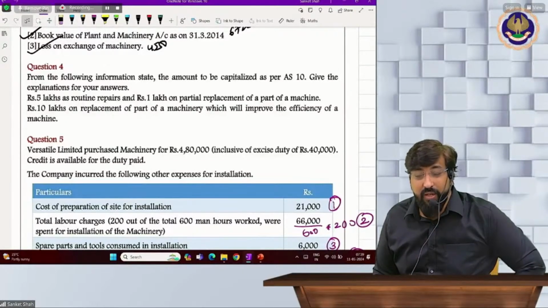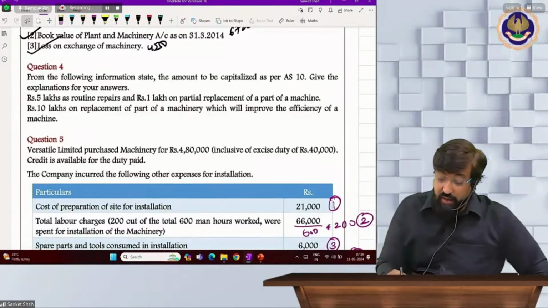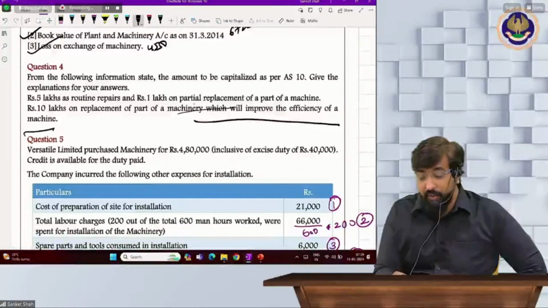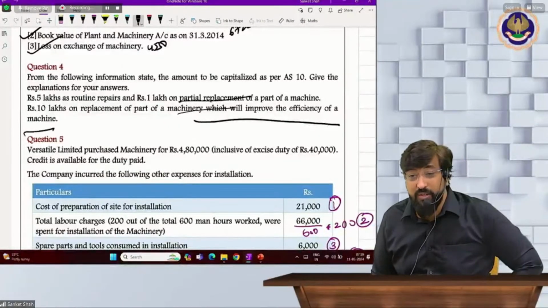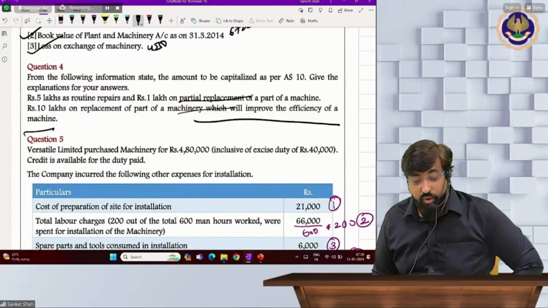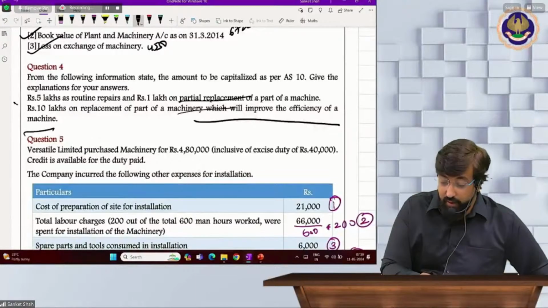If it's a routine expenditure, you are going to record it in the profit and loss account. And 10 lakhs on the replacement of machinery, which will improve the efficiency. Partial replacement that does not improve the efficiency, we are not going to add. But this second expenditure, we should add it, because it increases our efficiency.